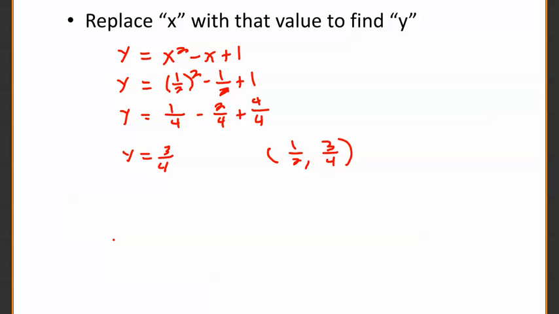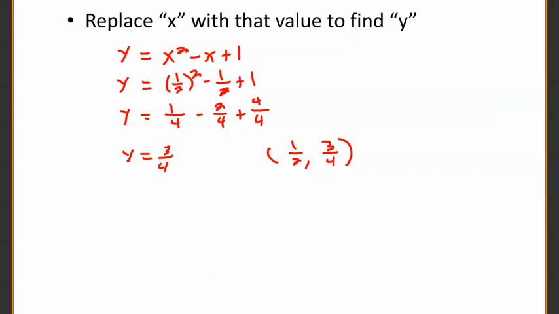So that tells me where the bottom point of my graph is, and we know this graph is going to open upwards because the coefficient on x squared is positive. All right, so with that information, let's find the x-intercepts, if there are some.